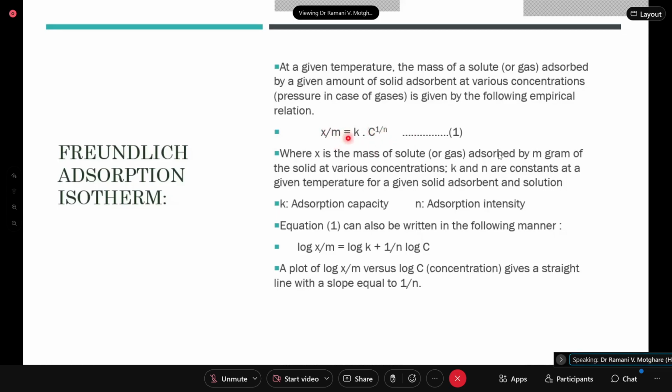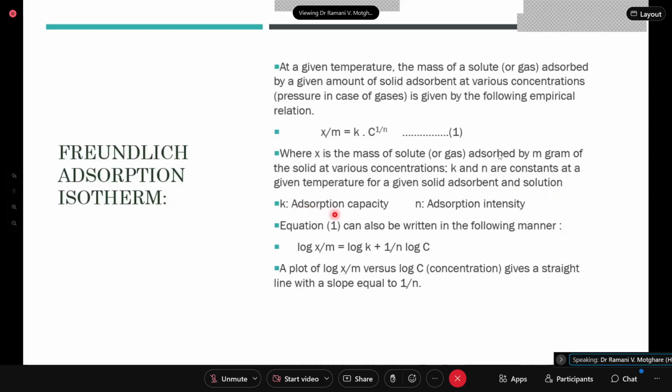So X by M is equal to K C raised to 1 by N. Here X is the mass of solute adsorbed by m gram of the solid at various concentrations. K and N are constants at a given temperature for a given solid adsorbent and solution.